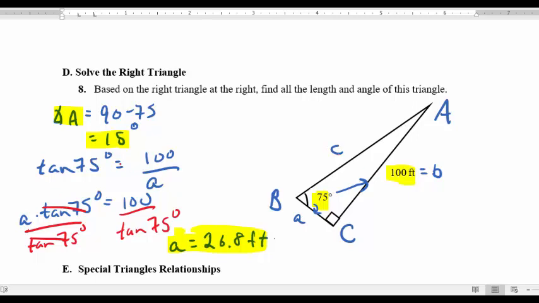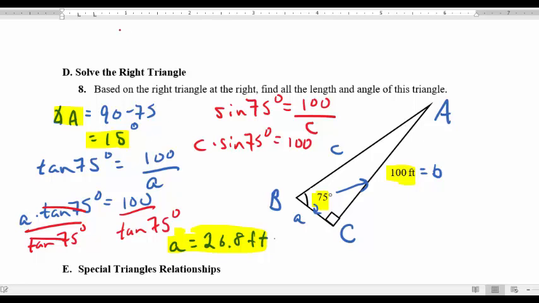So we're going to set up a similar equation to what we did before: the sine of 75 degrees is the opposite, which is 100, over the hypotenuse, which we're trying to find, which is C. And we're going to solve this the same exact way. So cross multiply, so it's C times sine of 75 degrees is 100. And then we're going to divide by the sine of 75 degrees.